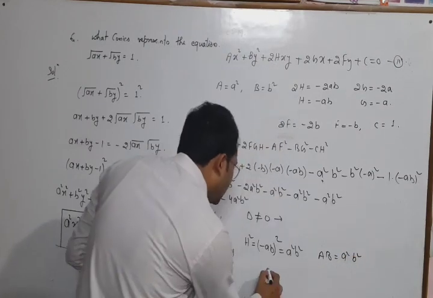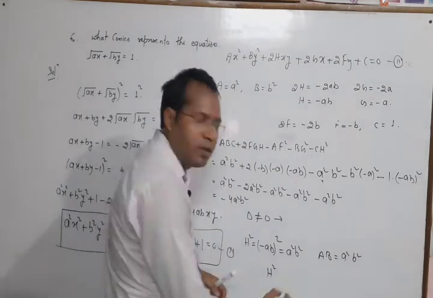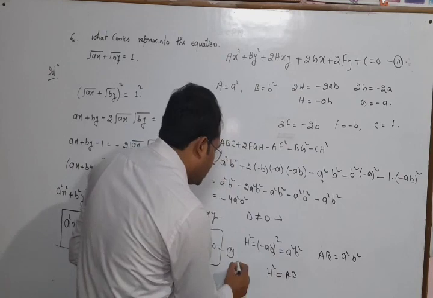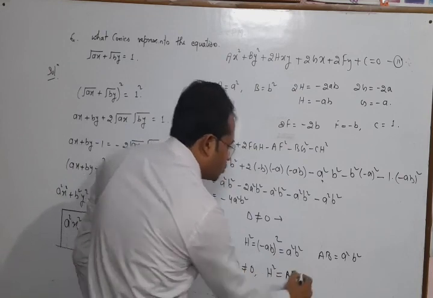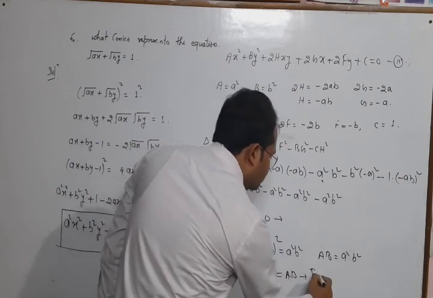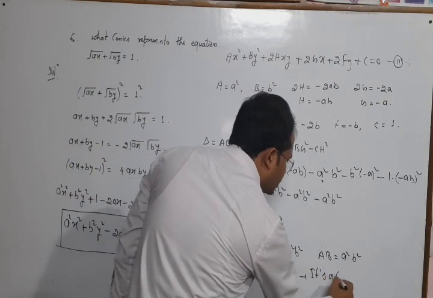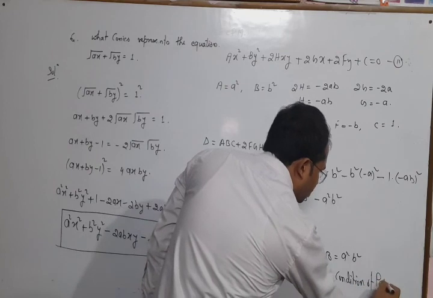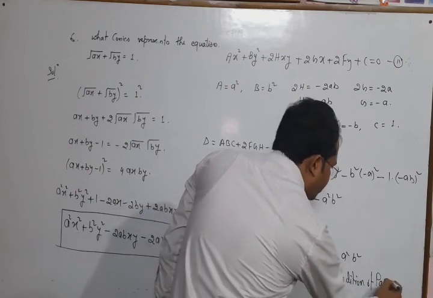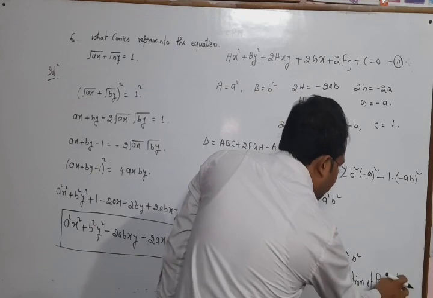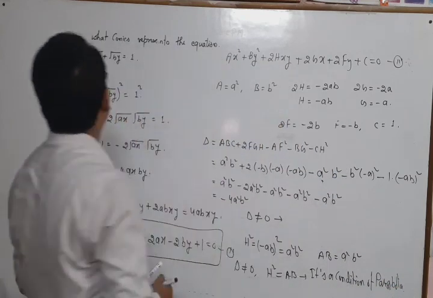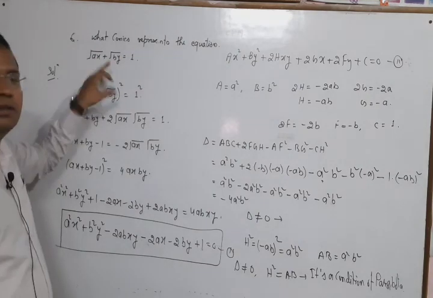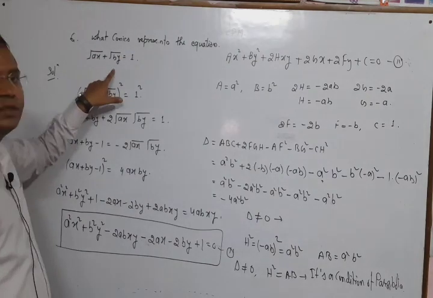Then h square is equal to AB and delta does not equal 0. It is the condition of a parabola. It means this equation represents a parabola.